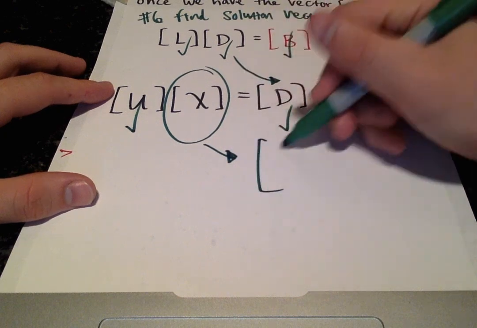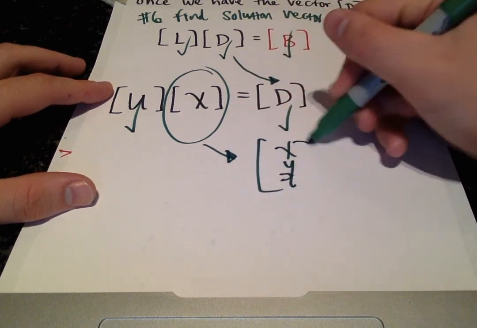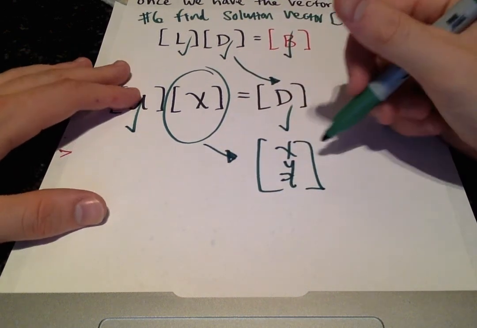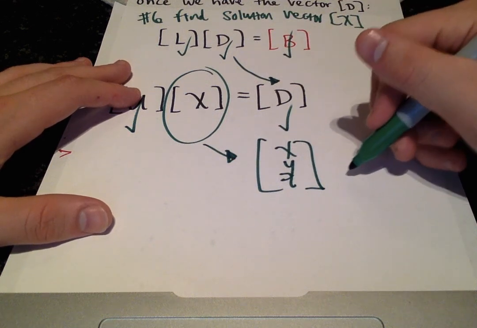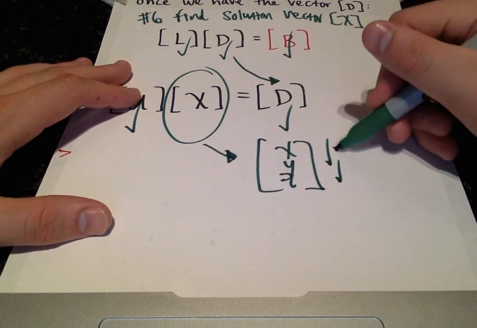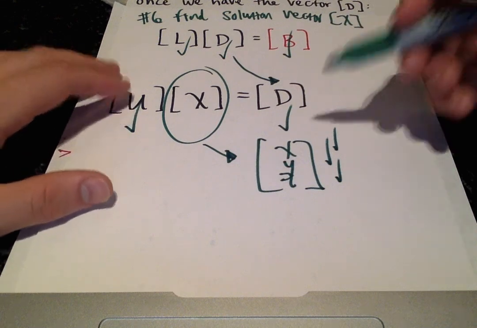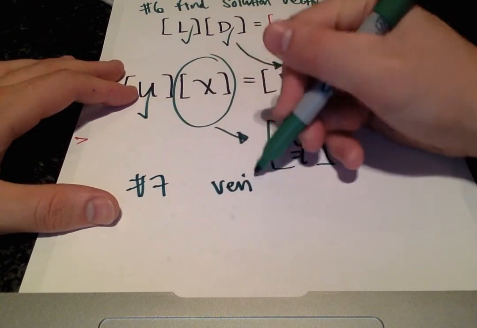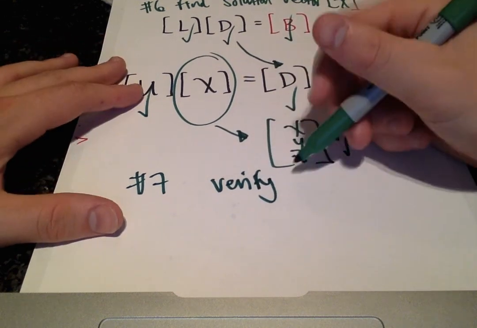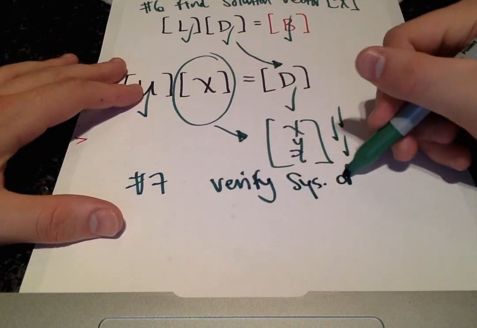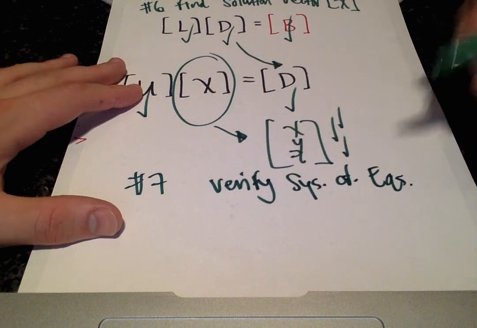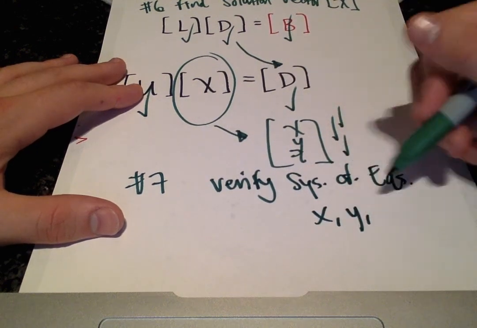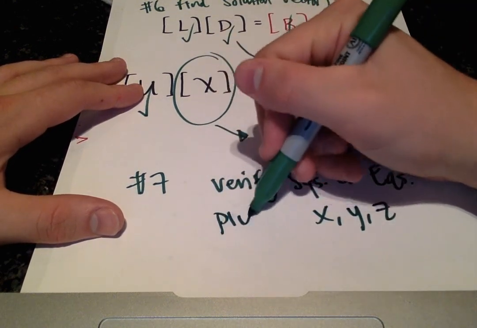If you'll recall, that's x, y, z, and you'll be able to solve for what z equals, what y equals, and what x equals. And then finally, step 7, verify the system of equations by plugging in x, y, and z.